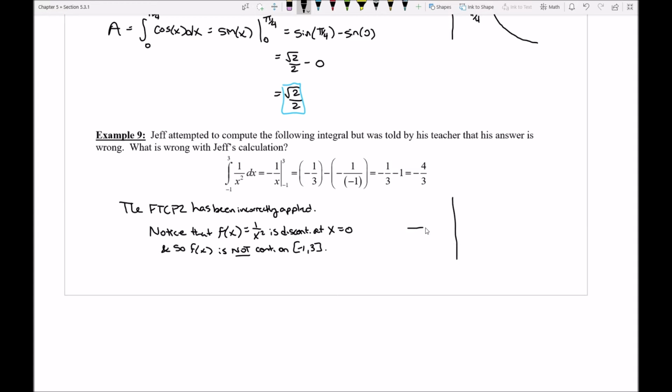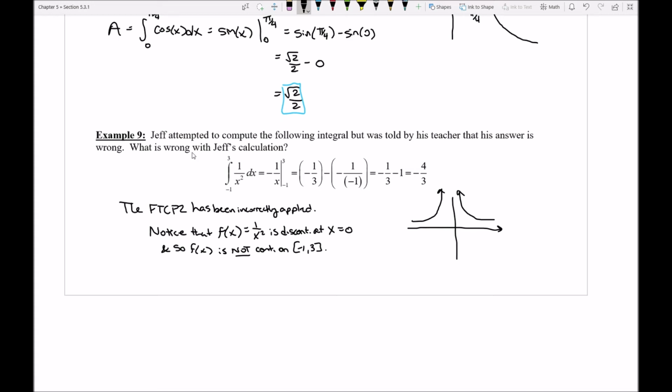If I was sketching a picture of what this function looks like, 1 over x squared is going to look something like this. I have a vertical asymptote sitting right here at the value of 0, so there's a big problem. I can't actually attempt to use the fundamental theorem of calculus to answer this question. We can't use it.